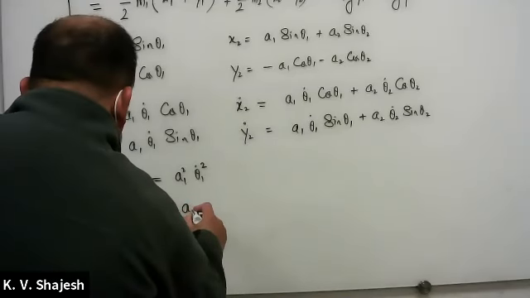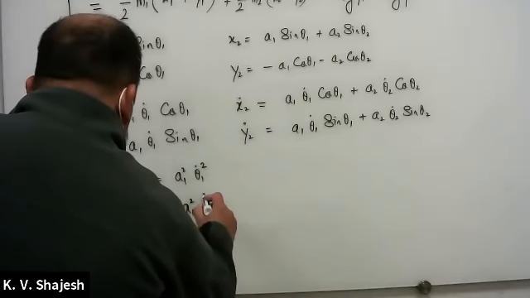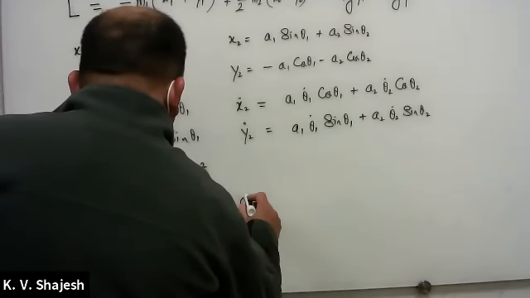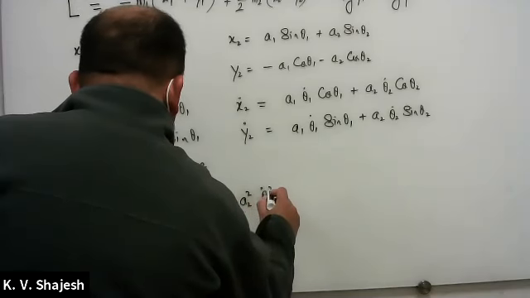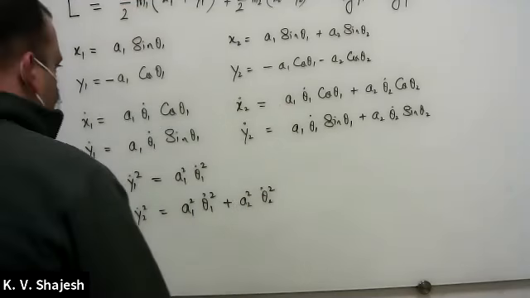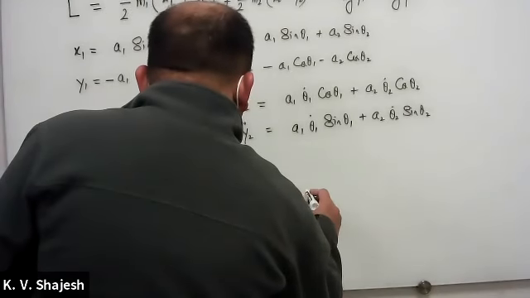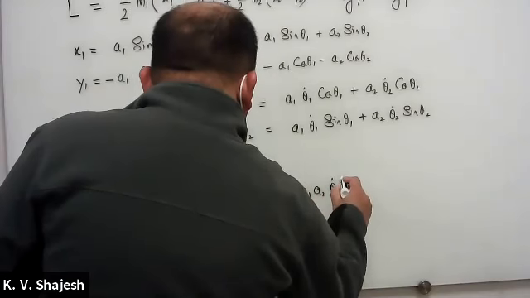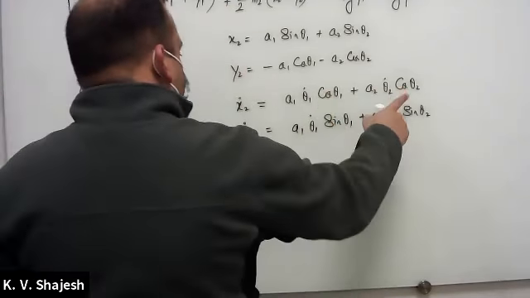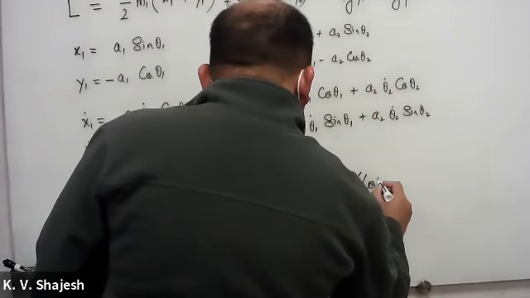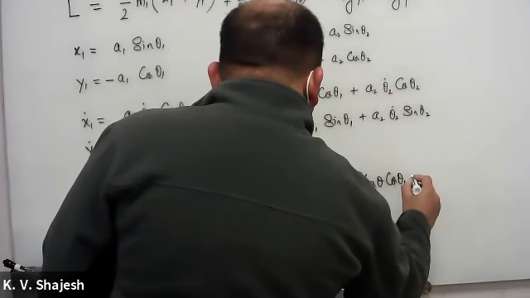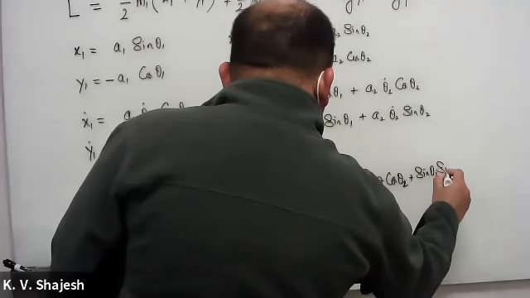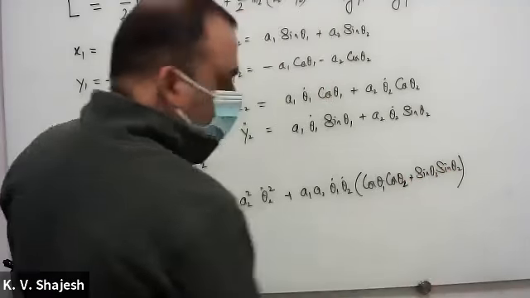So that's A1 square theta 1 dot square plus A2 square theta 2 dot square, and then the cross term, which is A1 A2 theta 1 dot theta 2 dot times cosine theta 1 cosine theta 2 plus sine theta 1 sine theta 2.